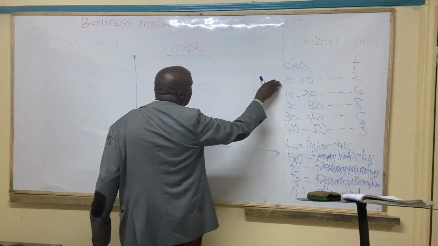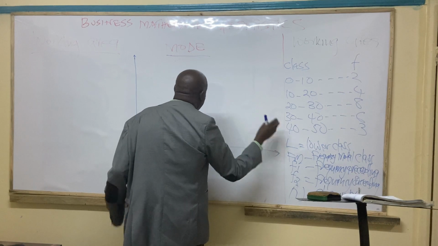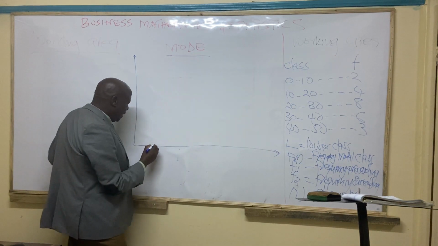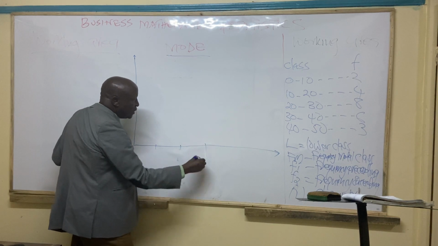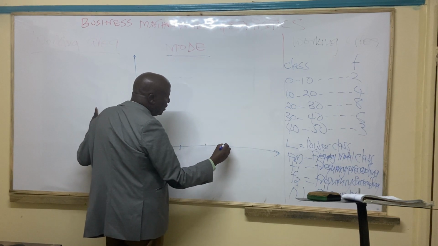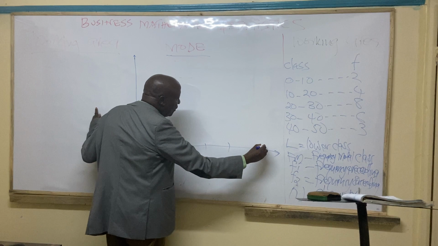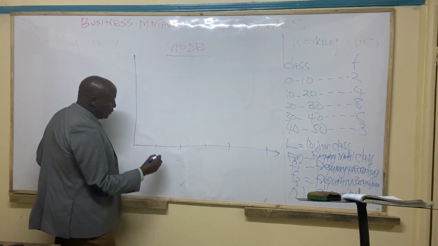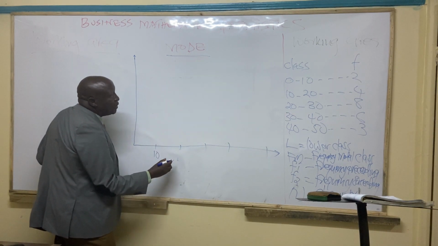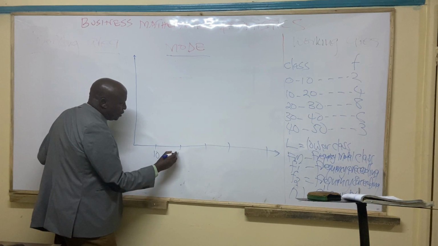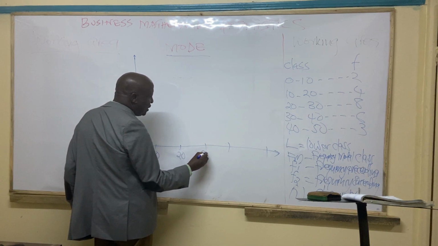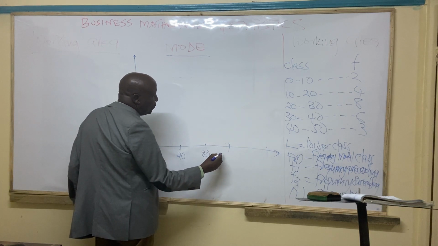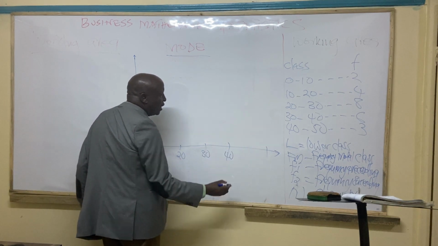So how many classes are here? 1, 2, 3, 4, 5. So we say 10, 20, 30, 40, and 50.